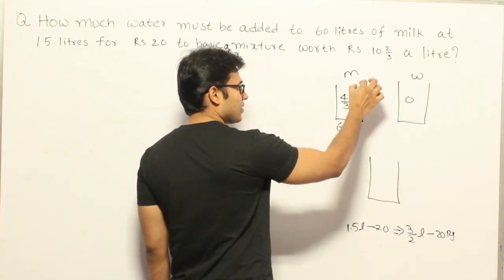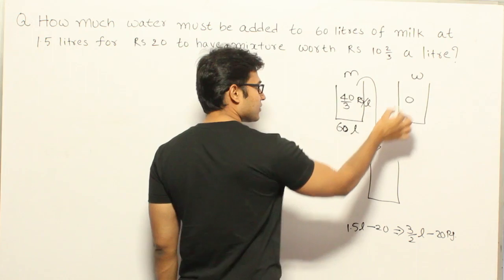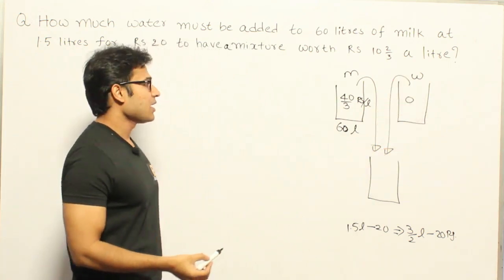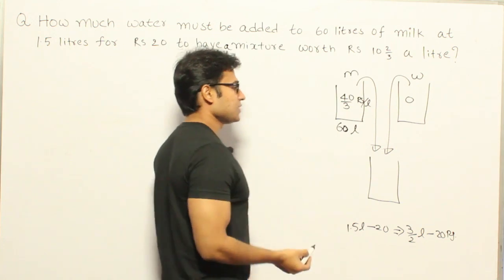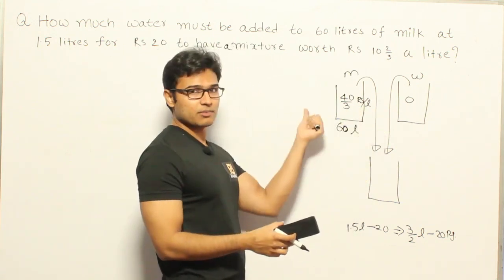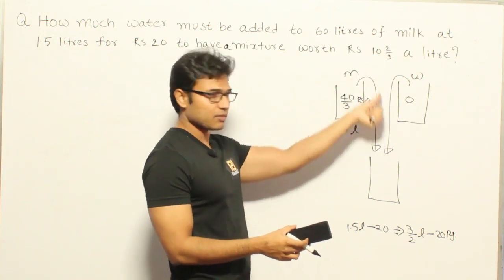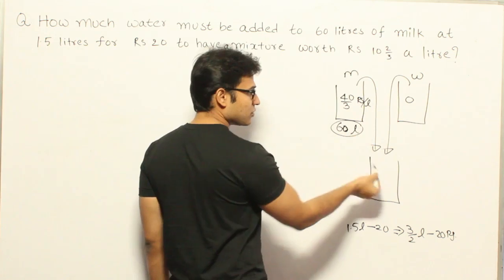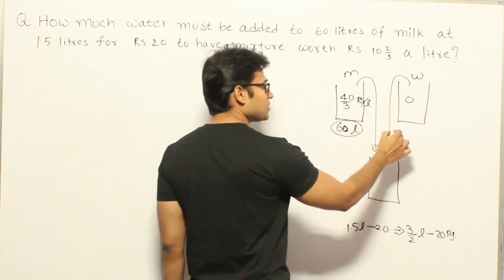Now they are saying that we are going to mix this one with water, right, and we are going to make the mixture in such a way that we are not going to take a part of the milk, we are completely taking it, which means we take the complete 60 liters of milk. So the entire 60 liters is going to be here, and we don't know how much water to take.